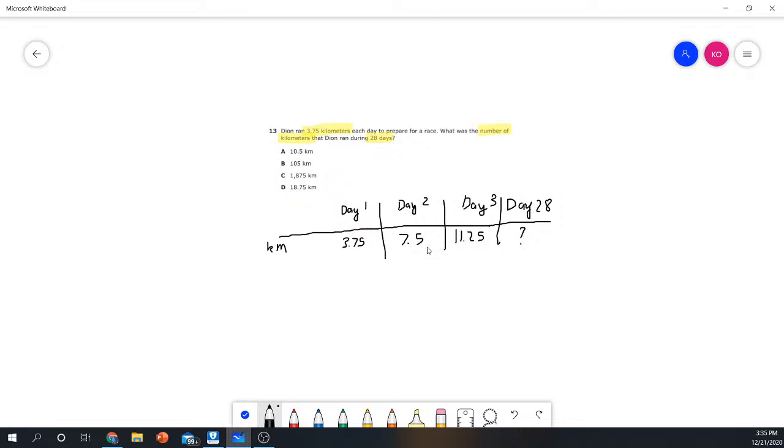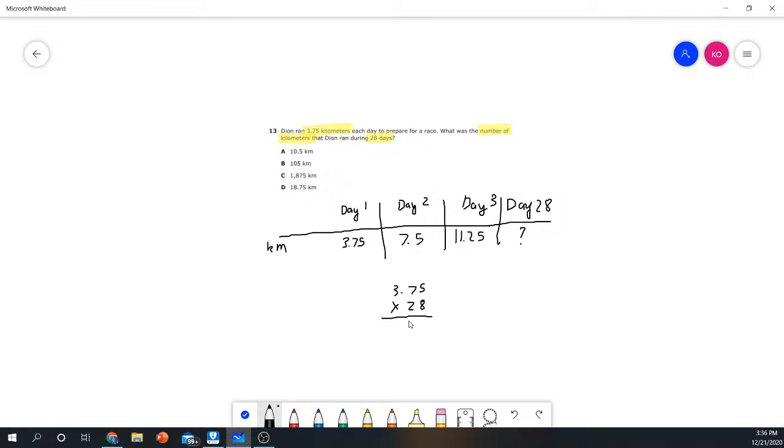So we see this is basically repeated addition, and repeated addition is multiplication. So we're going to have to multiply 3.75 times 28. There are many methods to multiply, but since this is decimals, I recommend using the standard method.